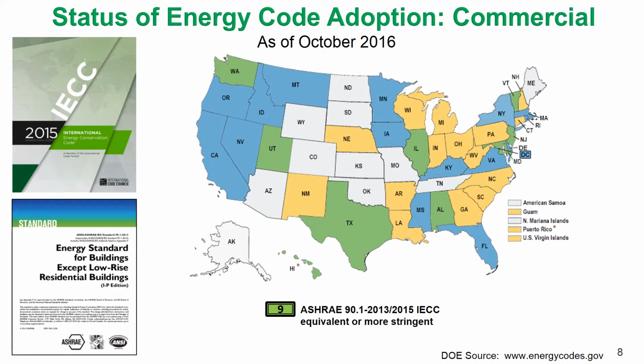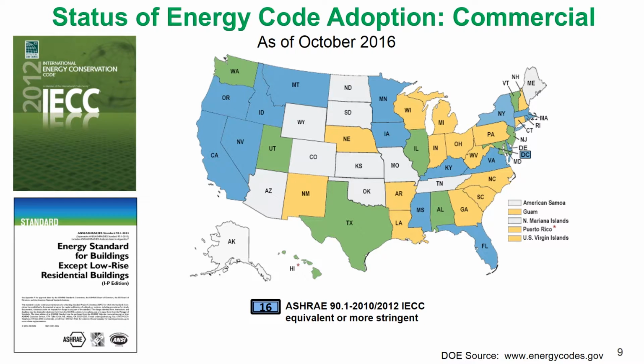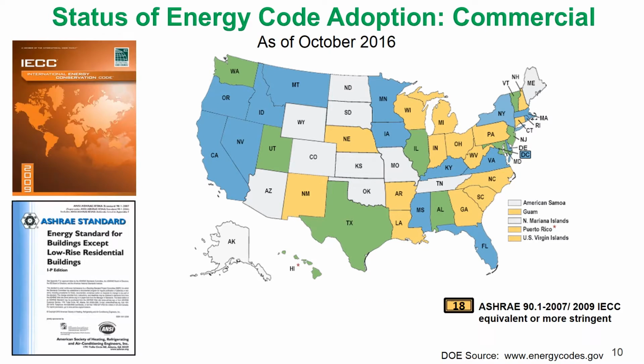Moving on to the next slide, we have the 2012 IECC and its referenced 90.1 2010 version. So 16 states in blue utilize this version, and going back to the 09 IECC and 2007 90.1, 18 states.